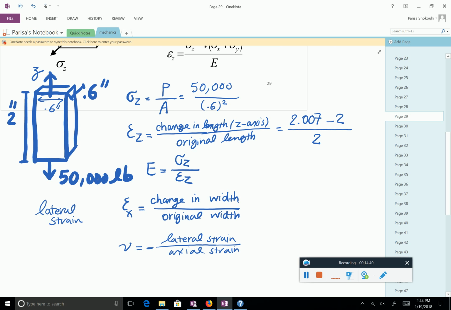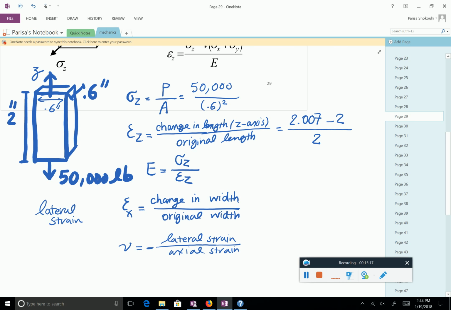Let me see if we got the correct Poisson's ratio. So the width has changed from 0.6 to 0.599 something. So the change is 0.5995 minus 0.6. And there is no surprise that it would be negative. Has to be.